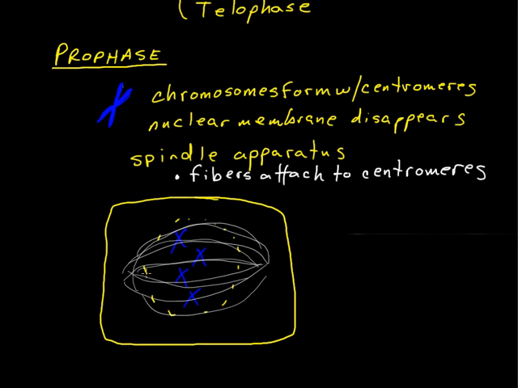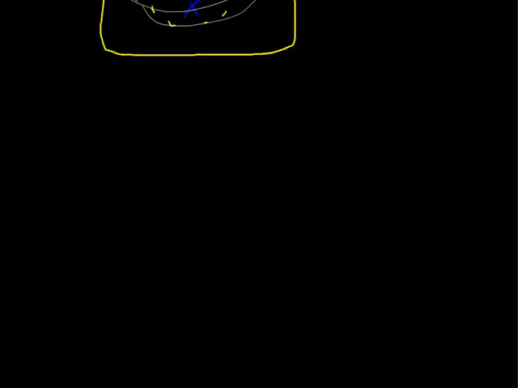Now, this spindle apparatus is important in that it is what is going to control the movement of these chromosomes, because one half of each chromosome is going to need to end up on either end of this cell so that the cell can divide down the middle, and each offspring cell will have its full copy of the owner's manual. So that's it. That's prophase. The nucleus dissolves, the chromosomes connect up with the spindle fibers that start to form, and that brings us to the next phase, which is called metaphase.